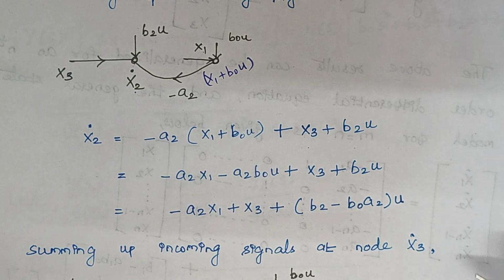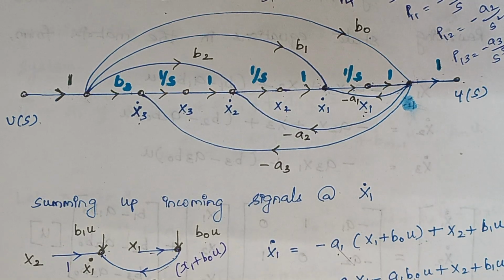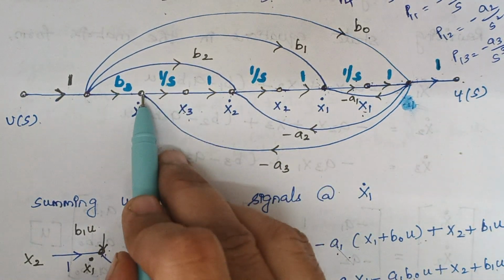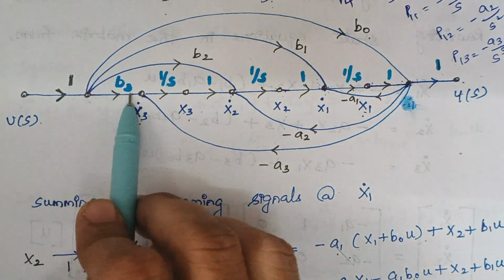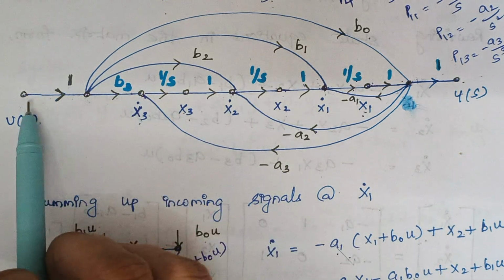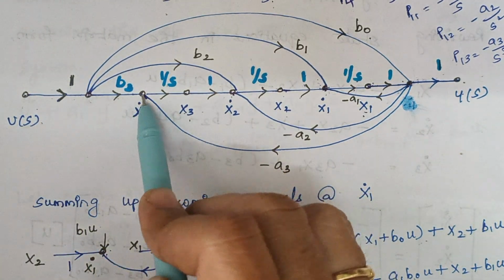And finally again we are going to do the same thing with x3 dot. So when you move back, you see this is our x3 dot, right? So to this x3 dot I am having one input over here, right? That is b3. This b3 gets multiplied with this input, so b3u is one of the inputs here.